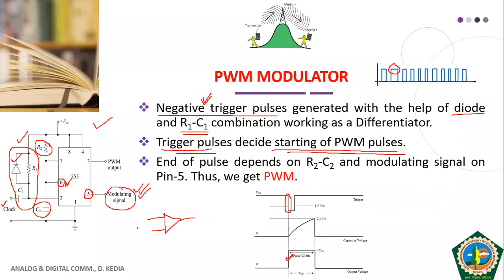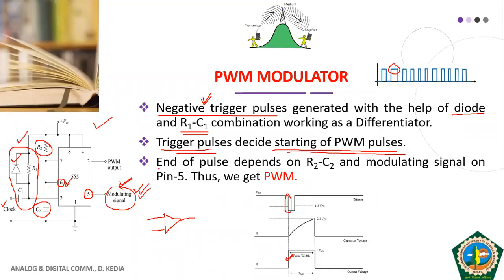That's why the capacitor is being charged to such a voltage value that is equivalent to our modulating signal value. Only then we will be able to obtain pulse width modulation. So that is one change that we have seen in the previous diagram.